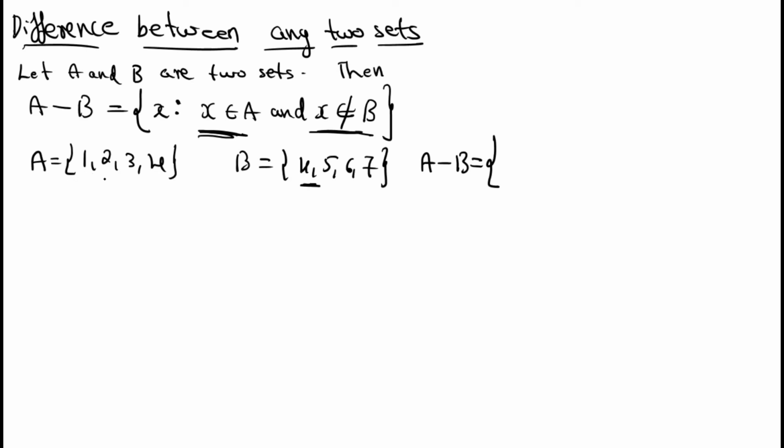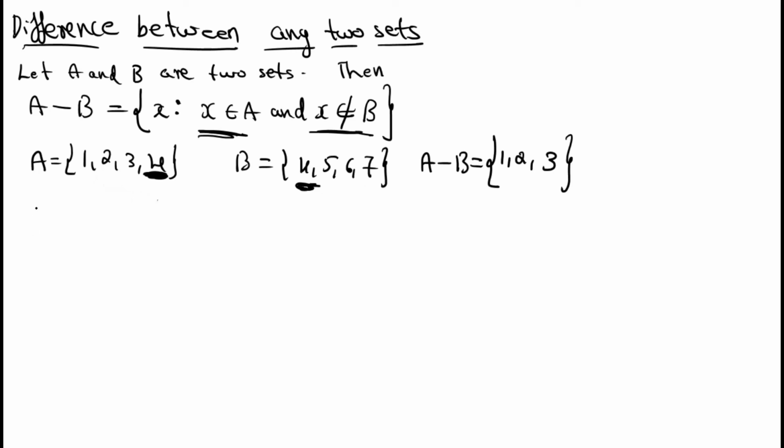So you can write 1 because 1 is not in B, 2 also not in B, 3 also not in B. But what about 4? It is one more element in set A, but that 4 is also in B. So you need to write only 1, 2, 3. Clear? A difference B means elements which belong to A only but not B.